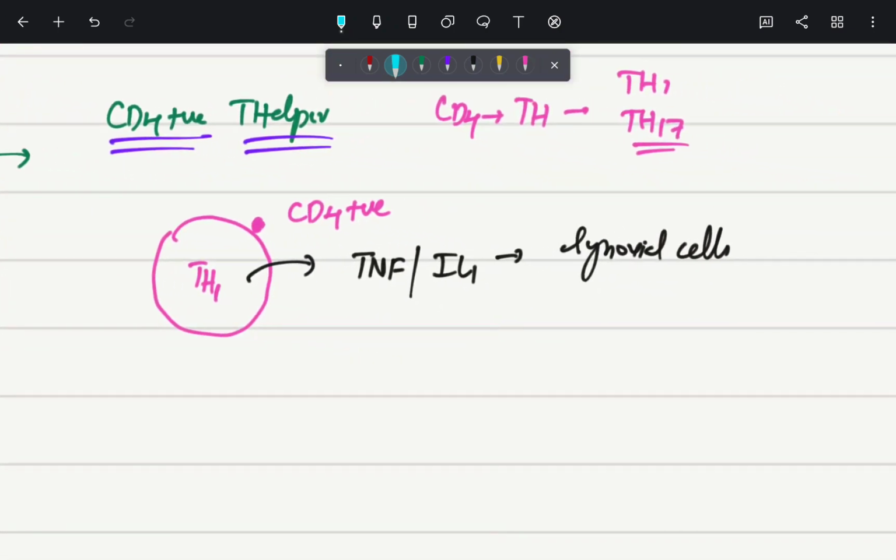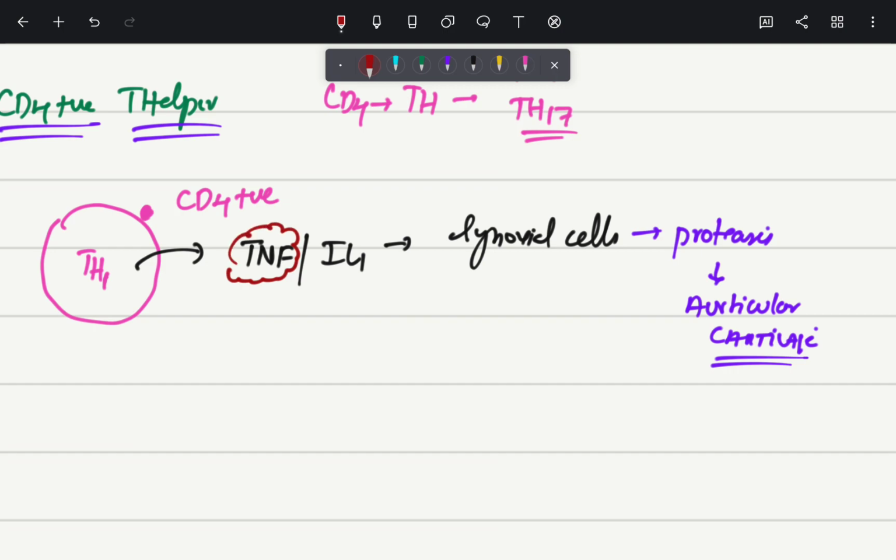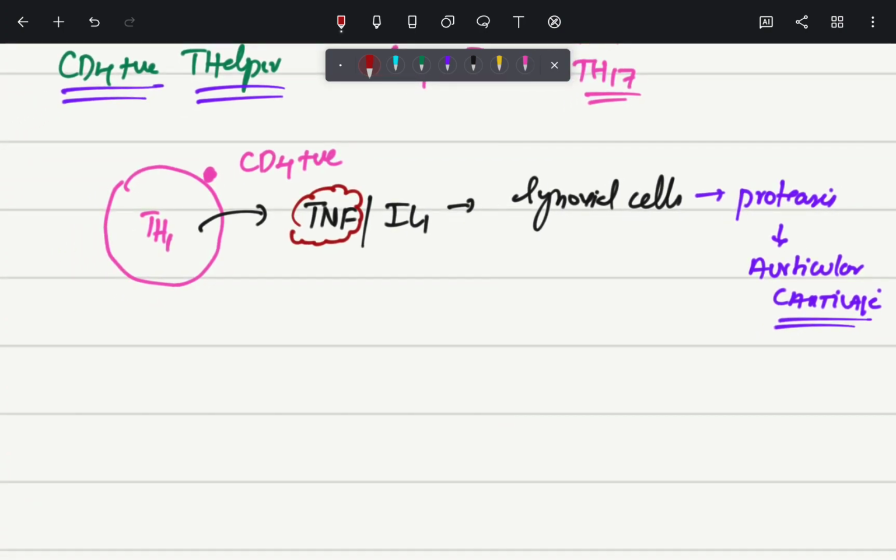So what will happen once synovial cells are stimulated? These synovial cells produce proteases and destroy the articular cartilage. So tumor necrotic factor, especially, is very important here because it will stimulate the synovial cells and produce proteases which will destroy the articular cartilage.